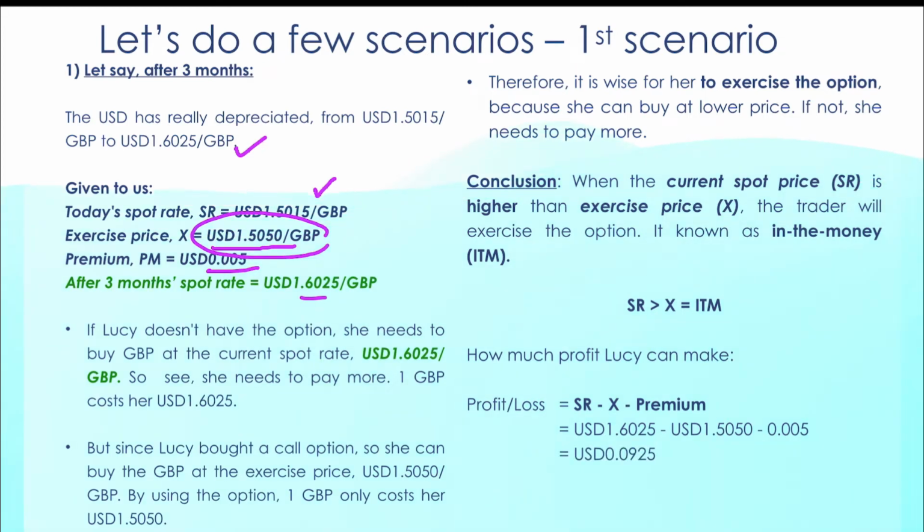So the profit that Lucy gets is USD 0.0925. Can you understand this scenario? If the spot rate is greater than the exercise price, so in the money, you will exercise the option.